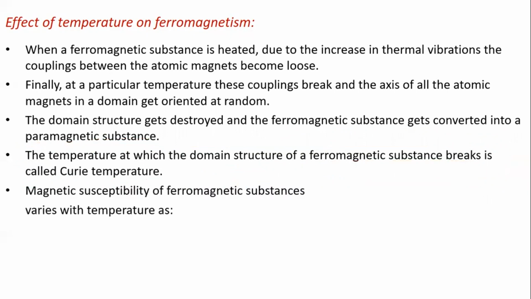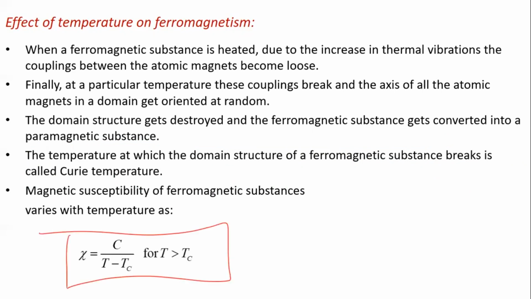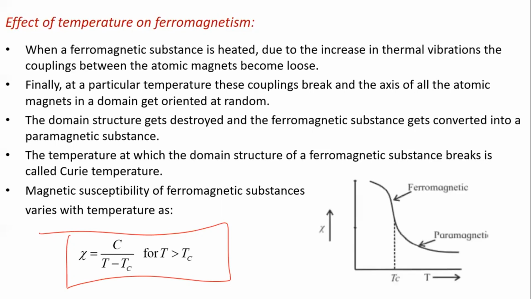The magnetic susceptibility of ferromagnetic substances varies with temperature, as you can see in the relation between susceptibility and temperature of a ferromagnetic substance. You know that susceptibility is inversely proportional to the temperature. So this is the relation, and graphically you can see, this is the Curie temperature.